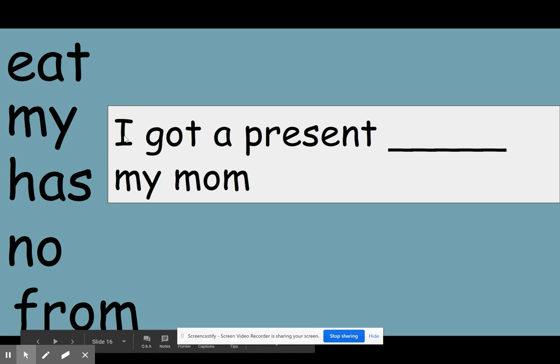Okay. So the sentence says, I got a present blank my mom. But I forgot to put my period there, there should be a period at the end of the sentence. I got a present blank my mom. So look at your choices over there.